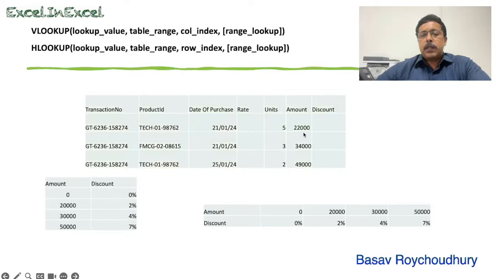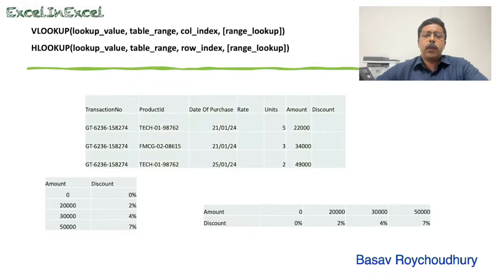But then, since this amount can be anything, for example, somebody might have bought 22,100, somebody might have bought 22,300, somebody might have bought for 22,900. Now, the discount cannot be given for each and every amount.